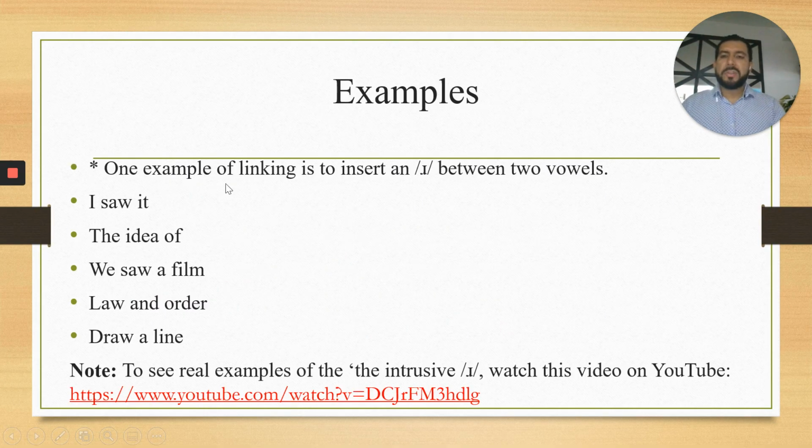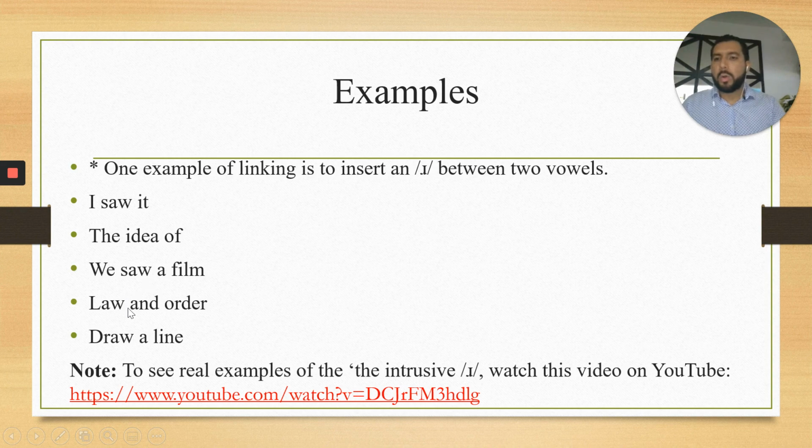And what happens with intrusive R is that they insert an R right after these words. So instead of saying I saw it, they say things like I sawr it. There is no R really, but they do it. Instead of the idea of, they insert an R here, the idear of. Instead of I saw a film, they say I sawr a film.